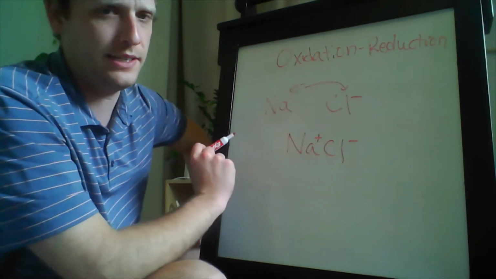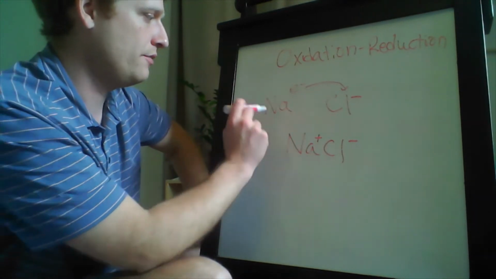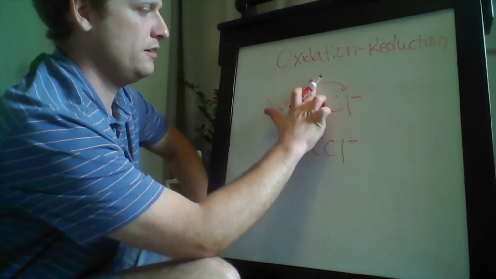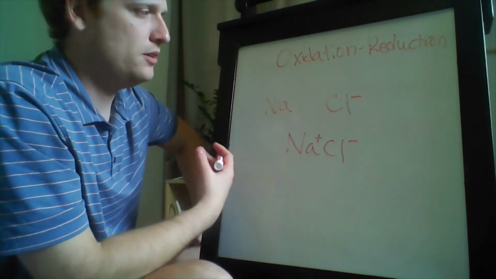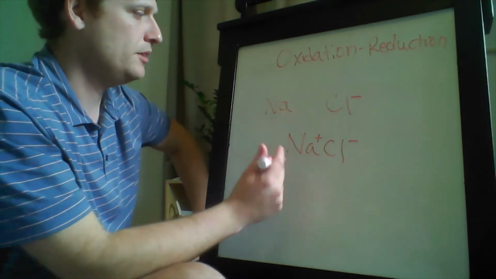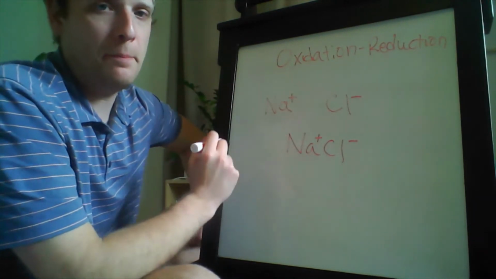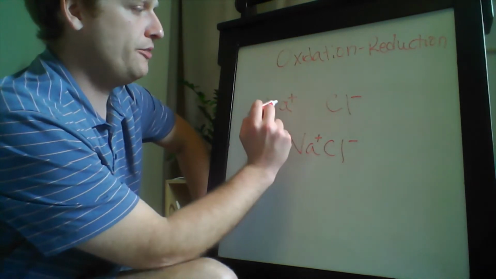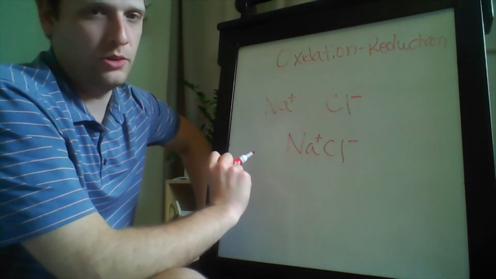So that chlorine is now negatively charged. It's taken an electron from sodium. Now when you remove that electron from sodium, because you've removed a subatomic particle that has a negative charge on it, you're taking away a negative, so that makes sodium positive. So here you have had an electron moving from sodium to chlorine.